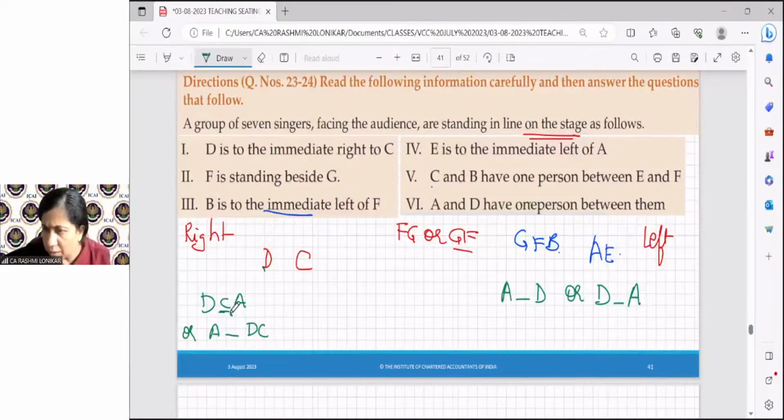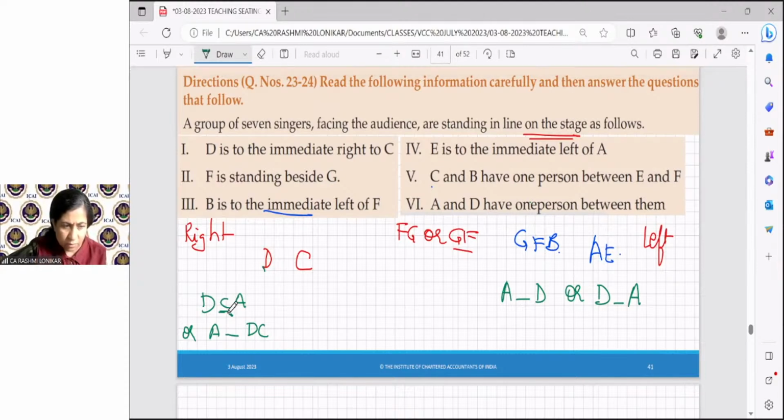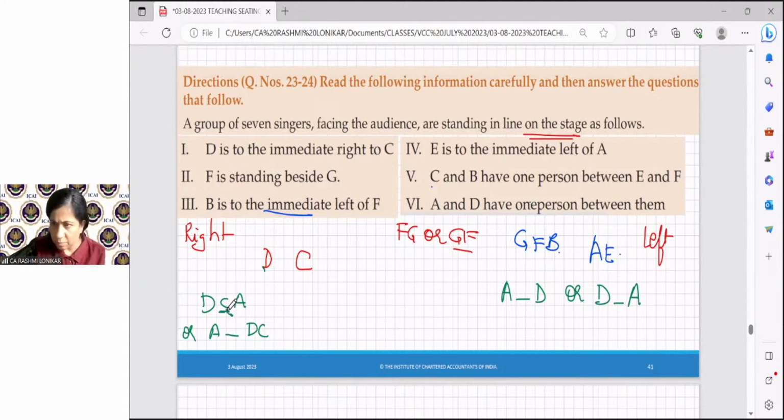C and B have one person between E and F. So D is to the immediate right of C. I have done that. Then what do I have? This condition I have already written.